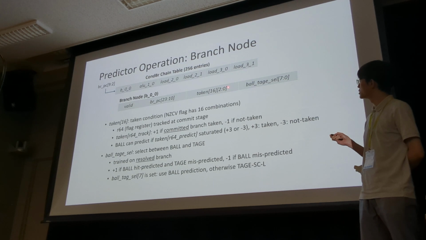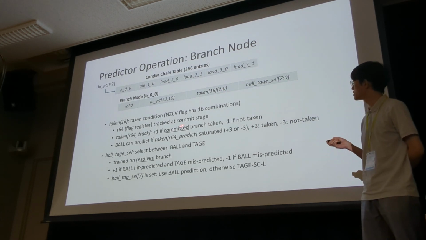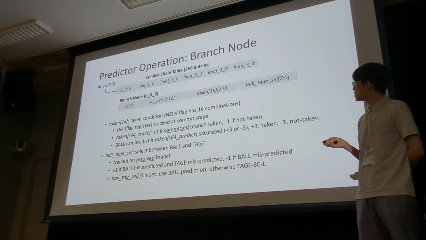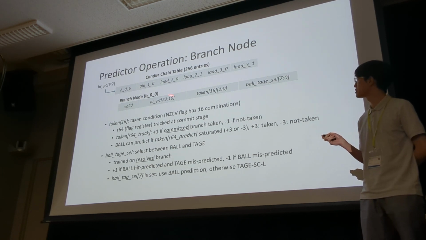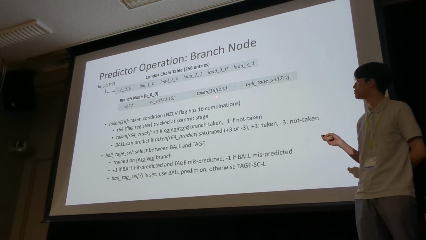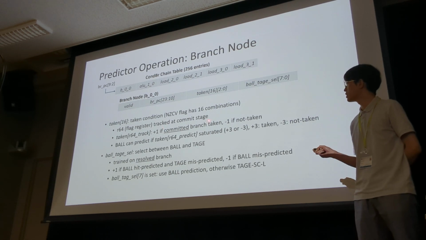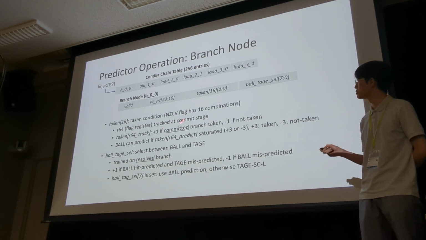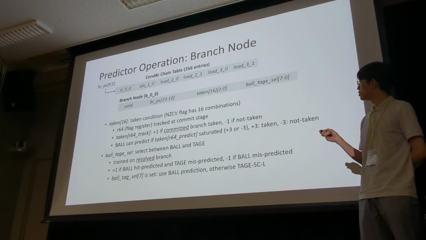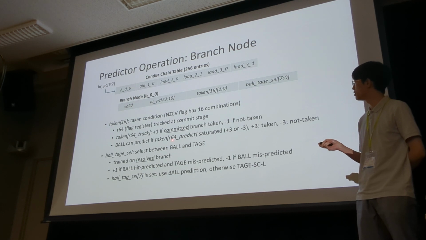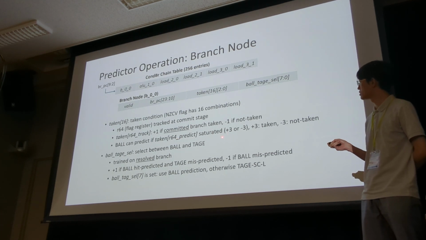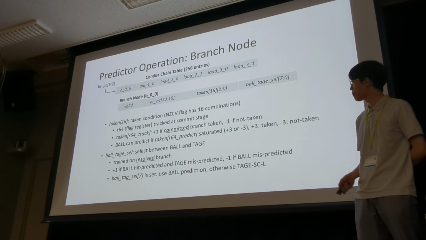There are 2 more fields to be trained and used in prediction. First is the taken condition of the branch. Since the NZCV flag has 16 combinations, it is an array of 16 elements. The flag register is tracked at the commit stage, and the taken counter will be increased if the committed branch is taken, otherwise decreased. Then the BALL can predict using the taken counter. If the predicted flag register value is saturated, it will predict taken if it is positive, otherwise not taken.